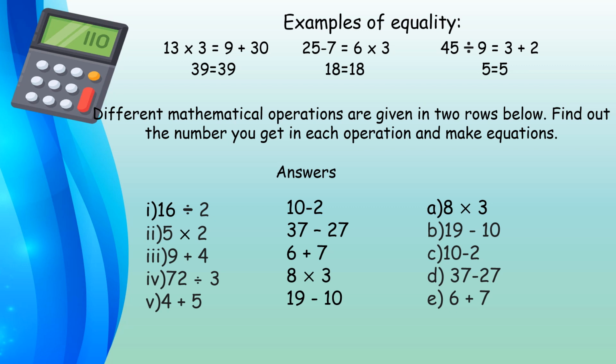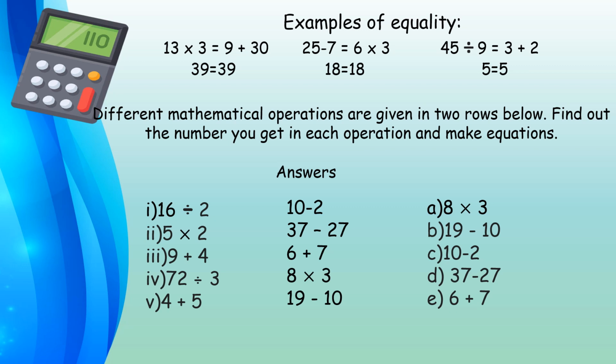So this is one example of equality. Now second, I'm taking 25 minus 7 on one side and 6 multiplied by 3 on the other side. 25 minus 7 is 18. 6 multiplied by 3 is again 18. So both the sides, our LHS and RHS, are equal. So 18 equals 18.